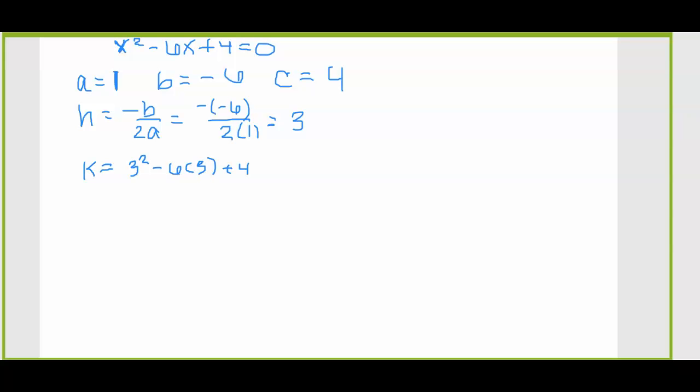Three squared is, okay, and then 6 times 3 is, oops, yeah, 18, plus 4, should be negative 5.